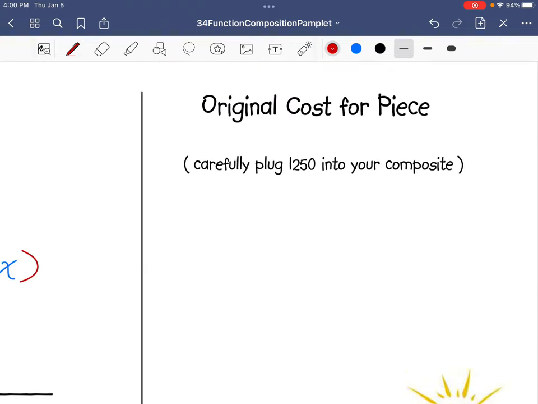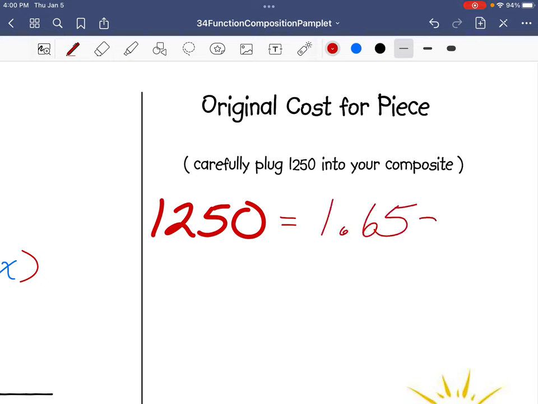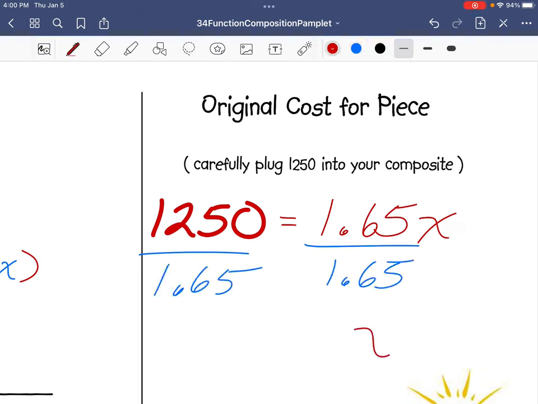If he's selling something for $12.50, that means that's the final cost of the item. But that's going to equal my composition equation. Now, obviously, I'm just going to divide both sides by 1.65, but you realize that that's going to give us the original cost of the item, kind of the wholesale cost, if you will.